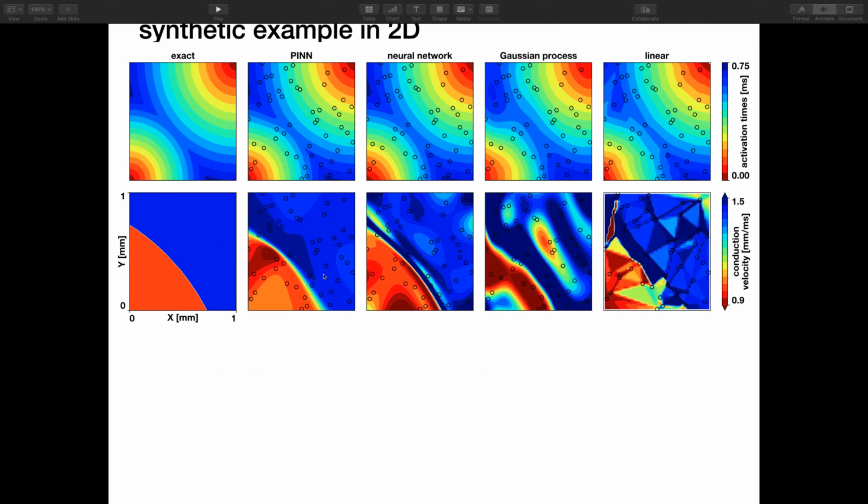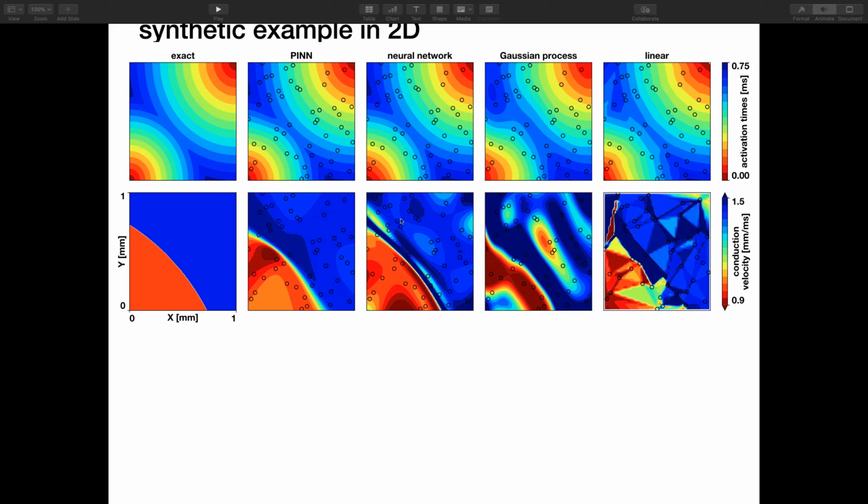And we train different methods. So we train our approach, which is here, the physics-informed neural network, against a regular neural network that doesn't know about the physics of the problem, a Gaussian process, which has also been proposed to be used to interpolate activation times, and what I think is mostly used currently, which is just a linear interpolation between the activation times.